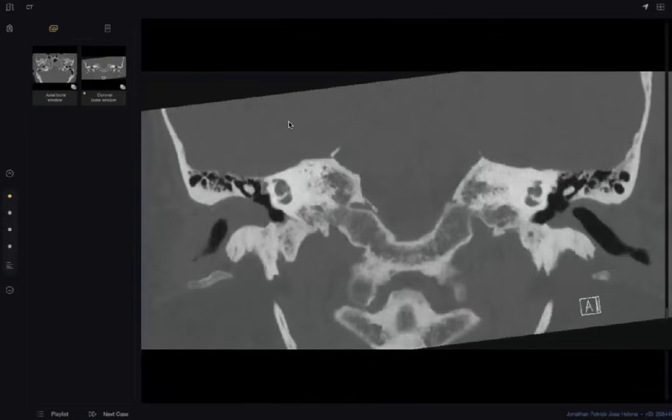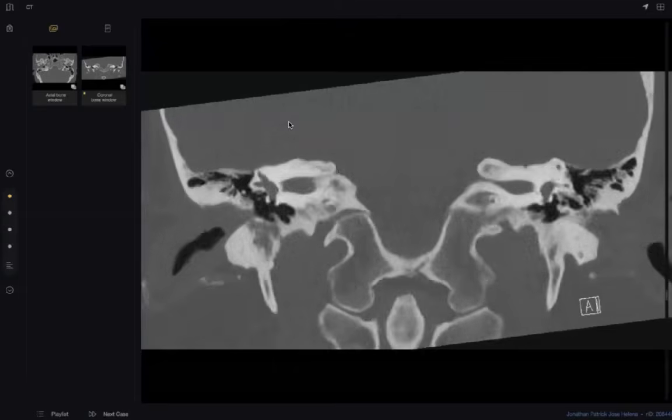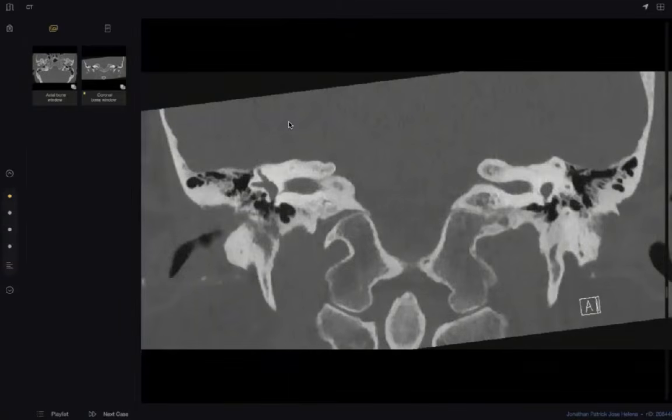Soft tissue density appears to be expanding the external auditory canal, extending into the middle ear cavity as well. I will try to check the scutum and the ossicles for erosion. The ossicles appear to be eroded, and it appears to involve the inferior part of the temporal bone as well. However, the semicircular canals appear intact, no dehiscence.